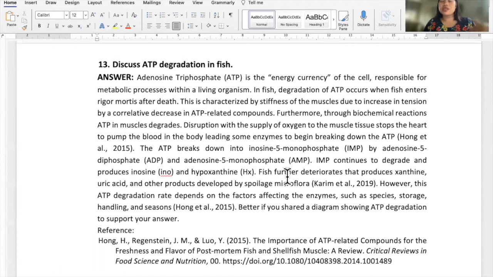But take note, inosine monophosphate here is a very important degradation byproduct of ATP because it gives the fish its characteristic sweet fish flavor. So while IMP is a desirable byproduct, inosine and hypoxanthine naman are the undesirable ones, especially hypoxanthine, it causes a bitter taste doon sa spoiled na fish.